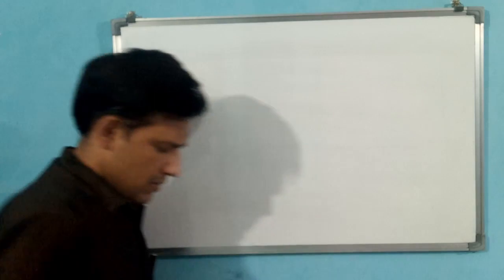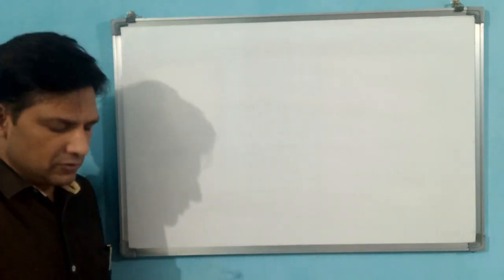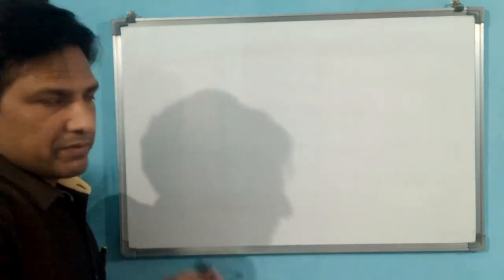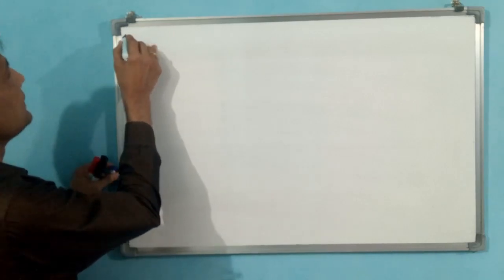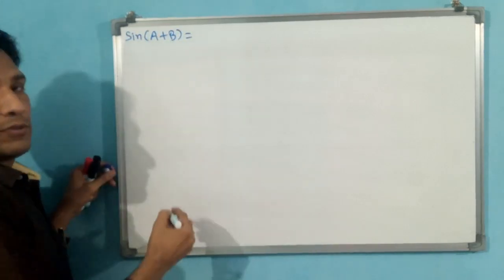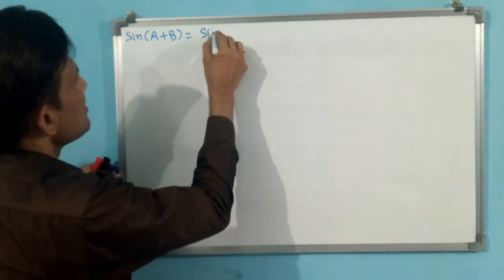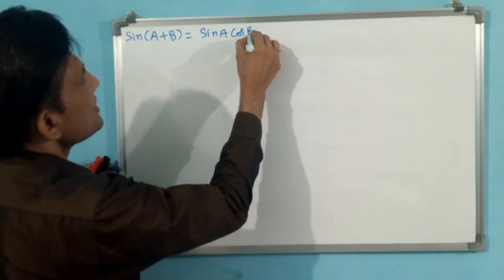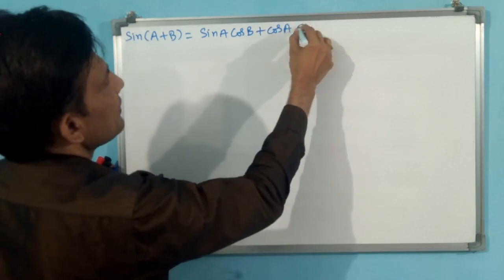Addition of angles also we will see. Sin of a plus b is equal to sin a cos b plus cos a sin b.